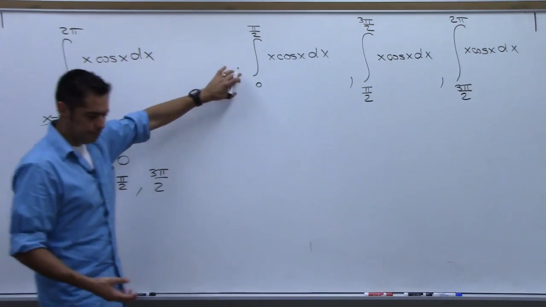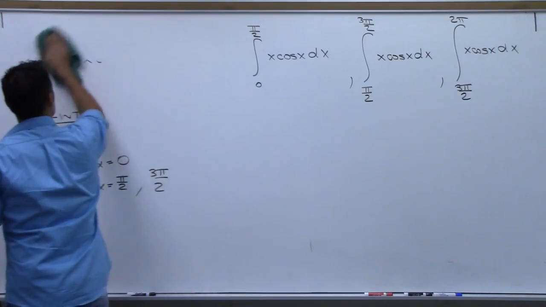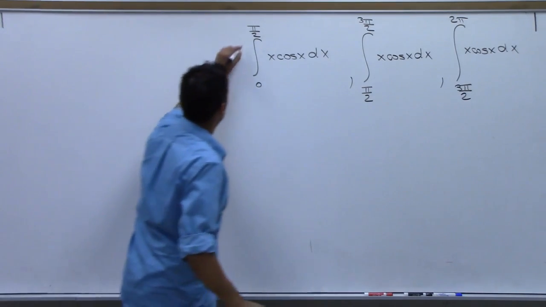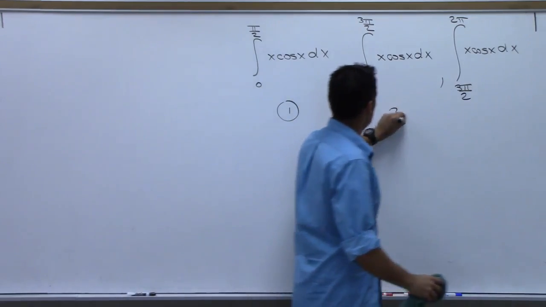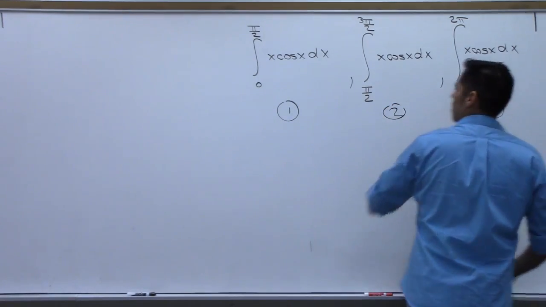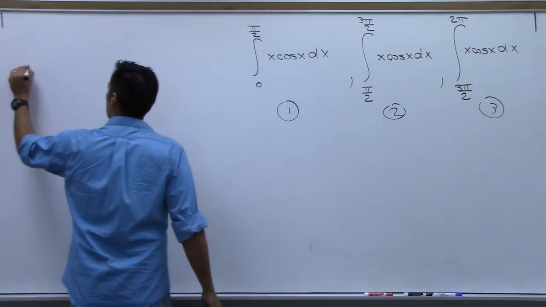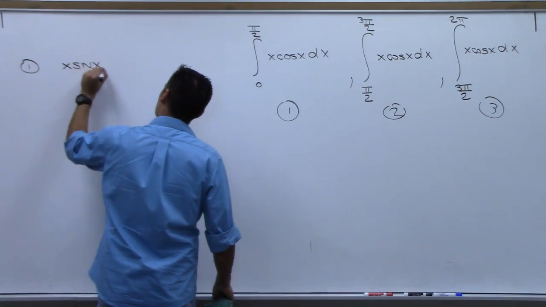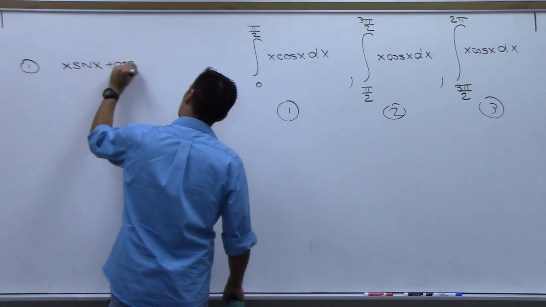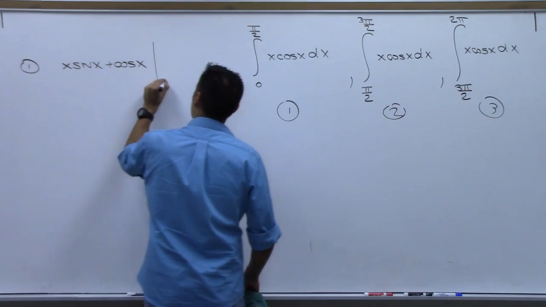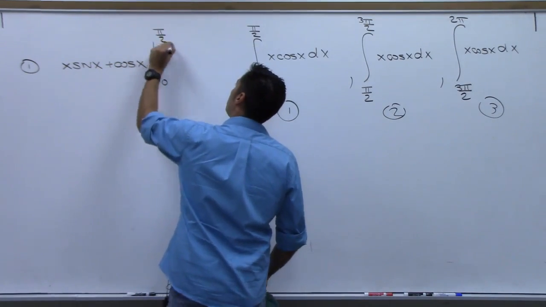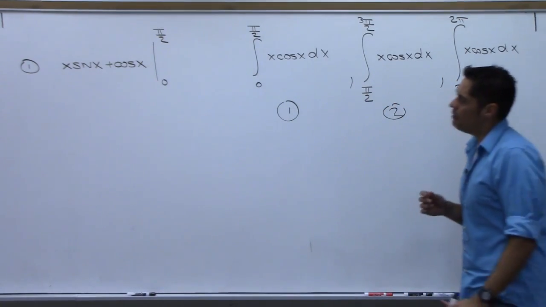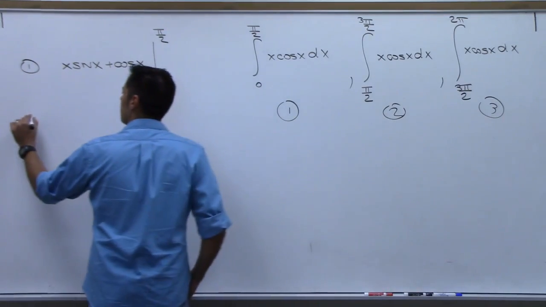So let's do this one. Let's call this one 1, this one 2, and this one 3. For 1, the antiderivative, which I believe was x sine x plus cosine x, evaluated this time from 0 to pi over 2. Plug pi over 2 in first.